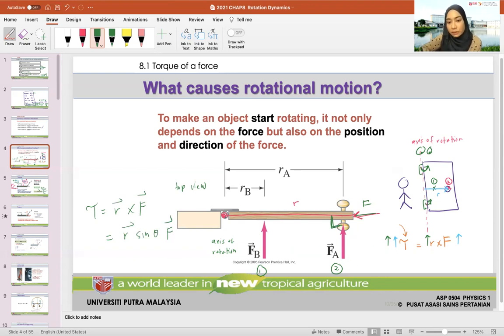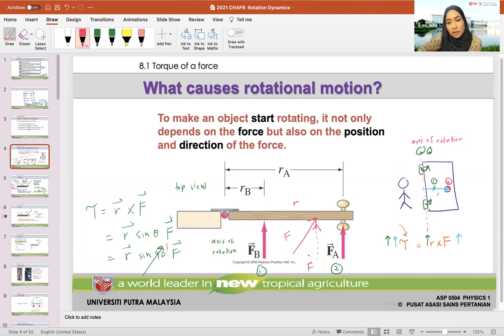This is F, this is R. The angle between them is 90 degrees. R sine 90 F. Sine 90 is 1. So if you apply a perpendicular force, you get the maximum outcome. If you apply at some angle, let's say you apply this way, you have to resolve this F to become perpendicular.